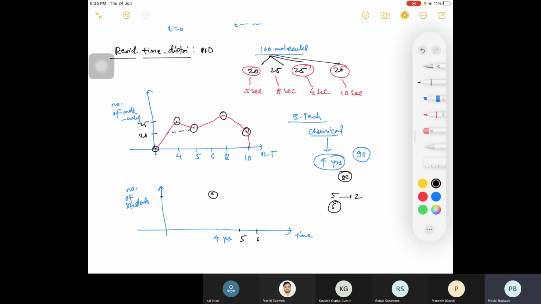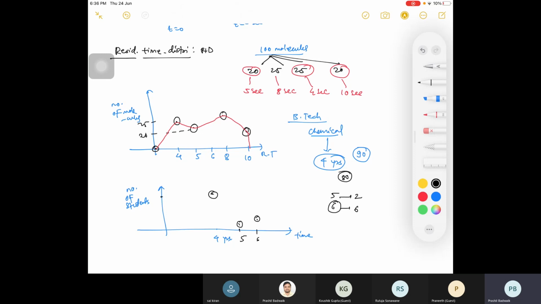So out of 10, suppose 2 students come here, and 8 students around here, so you will have a distribution. Then the remaining, there will be some students who drop out in between, or at the end of the first year they will change their branch.